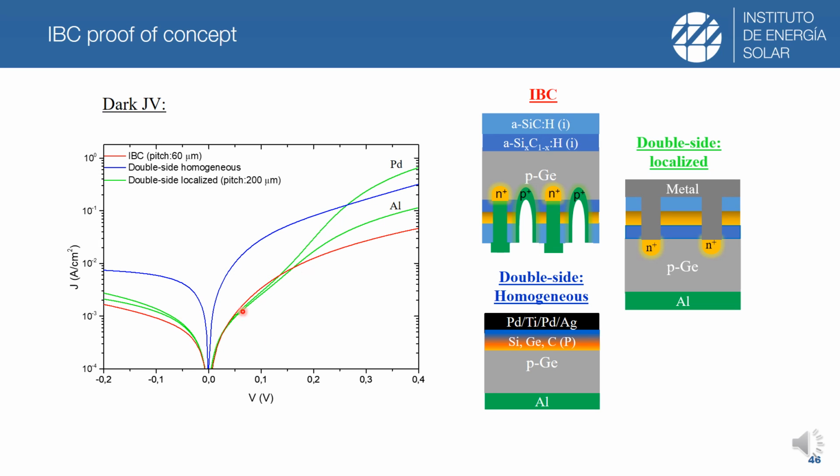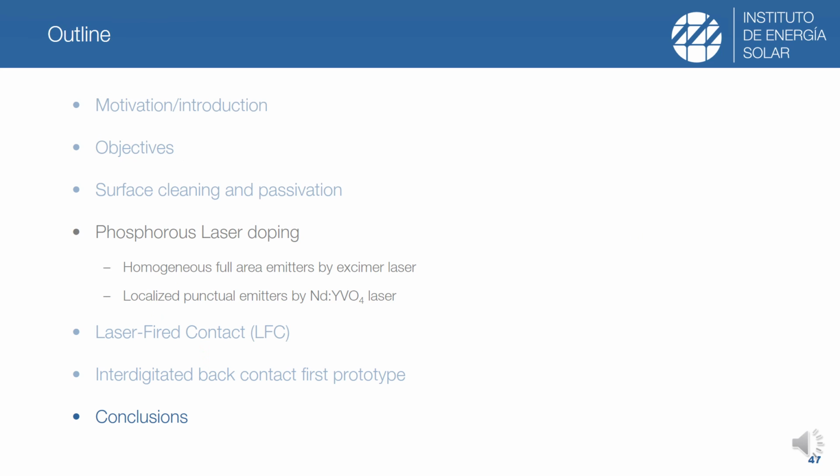In the case of forward bias, up to 150 millivolts, but after that, the aluminum diodes have more serious resistance losses as compared with palladium, titanium, palladium, silver, which means that in the next steps, most probably we will need to use different metals for the ohmic contact formation to n or p-type germanium. So let me finish with some main conclusions and next steps.